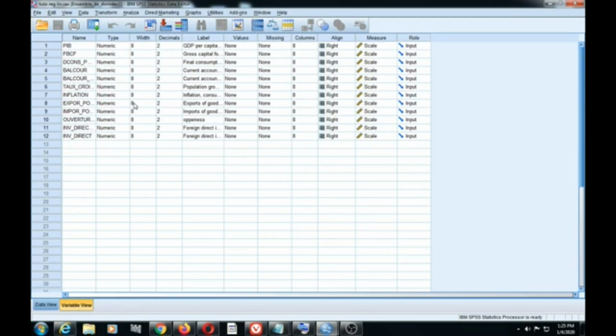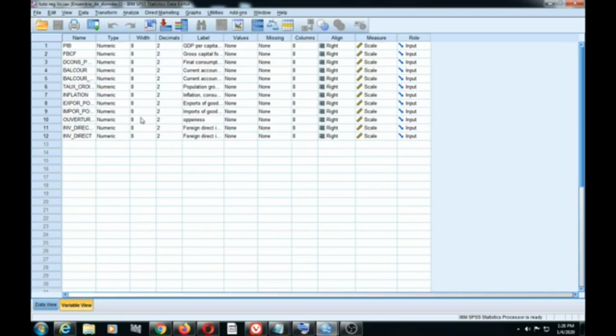GDP per capita of a country: we'll show you how to explain it using other macroeconomic indicators like gross capital formation, which is investment, final consumption, current account balance, and population growth. We also have inflation and economic openness, which is a variable that measures the capacity of the country to perform according to its import and export.